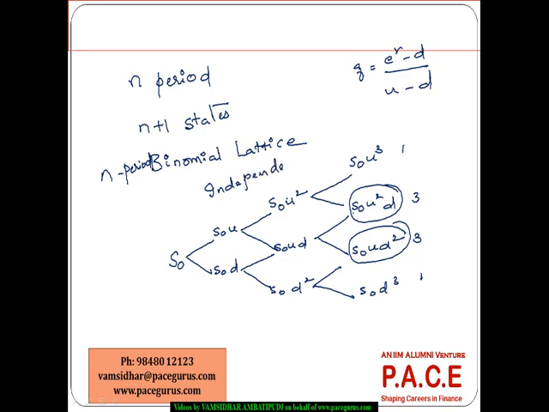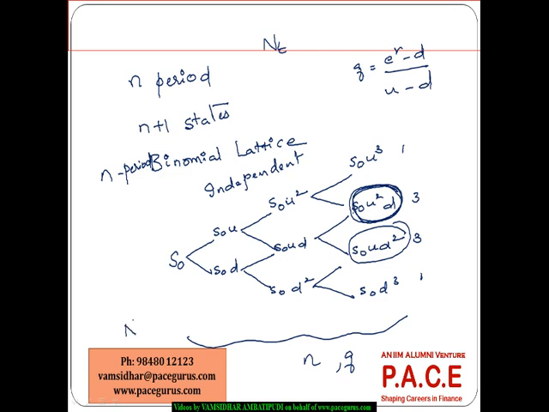So overall, if I want to know the number of steps up to the time period t, the number of steps that has led to this, I am simply looking at it as a binomial distribution with the number of periods, let's say n, and the probability of movement q.